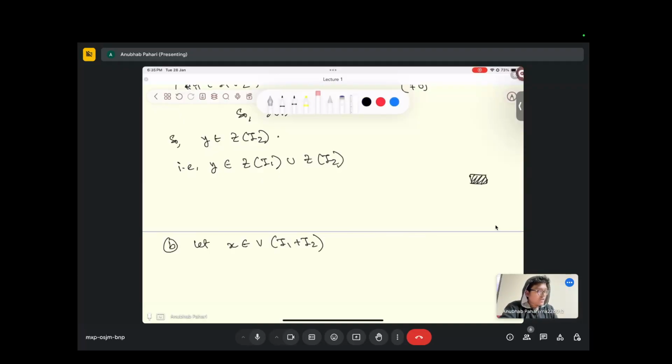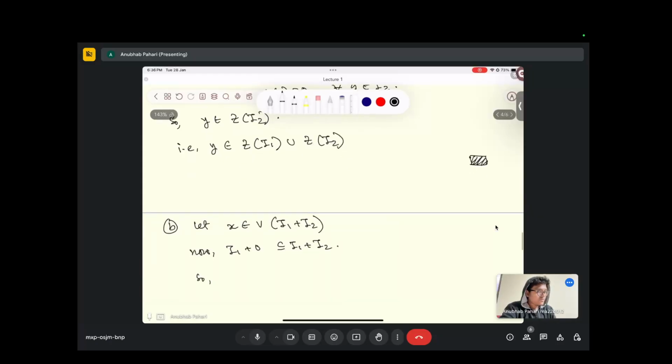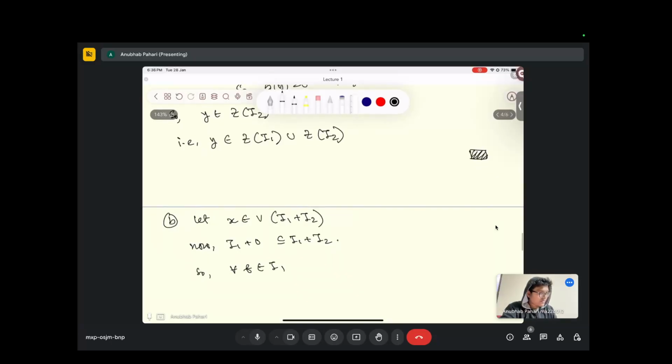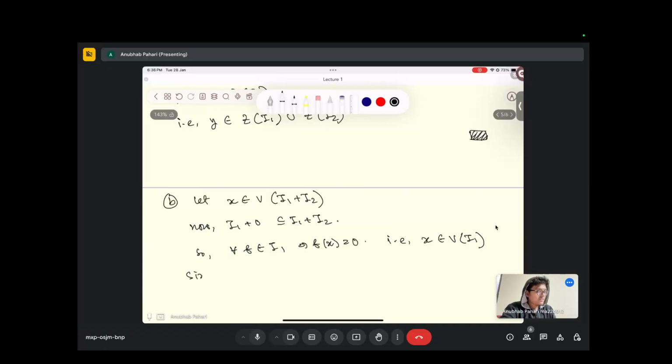Now we know that 0 belongs to I1 + I2, right? So for every f belonging to I1, f of x is 0, that is, x belongs to V(I1), and similarly x belongs to V(I2), that is, x belongs to V(I1) intersection V(I2).